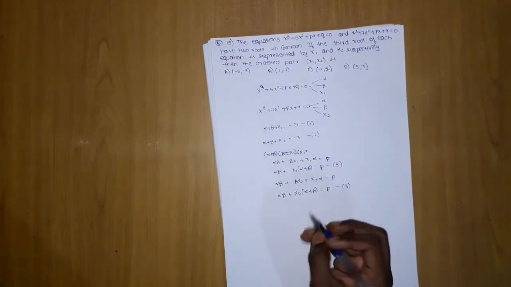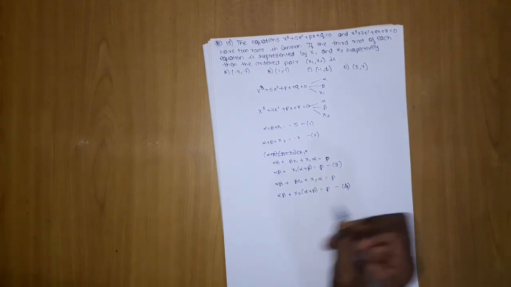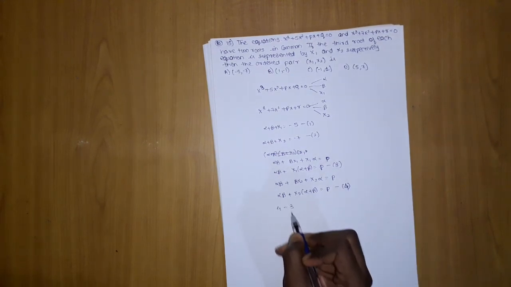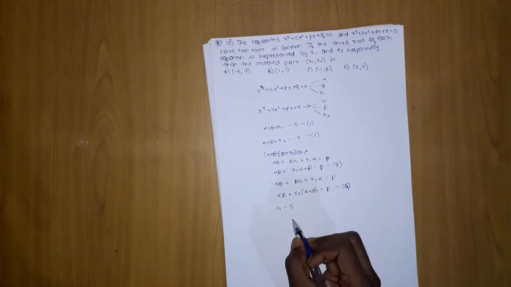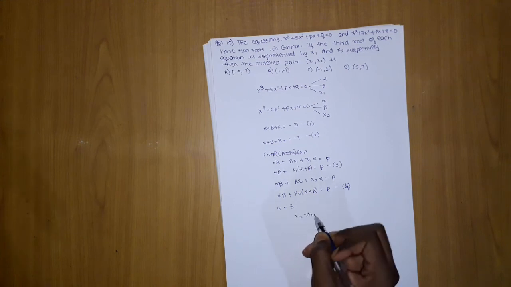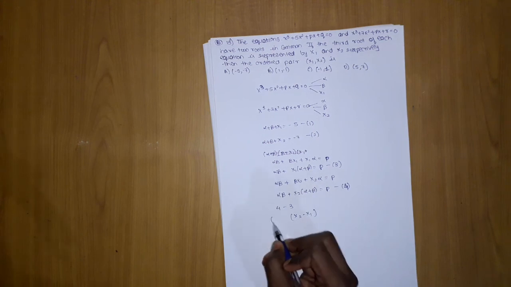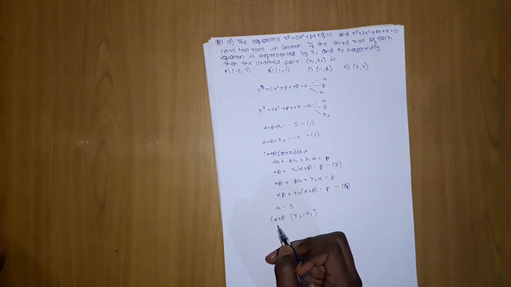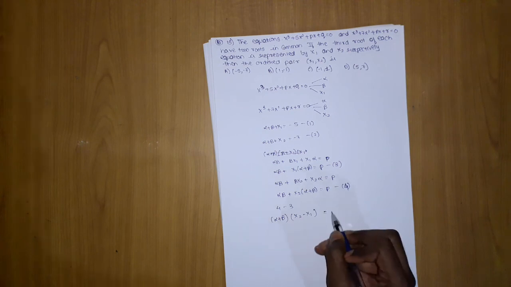Now if we subtract 4 minus 3, it will become (x2 minus x1) into (alpha plus beta) equal to 0.